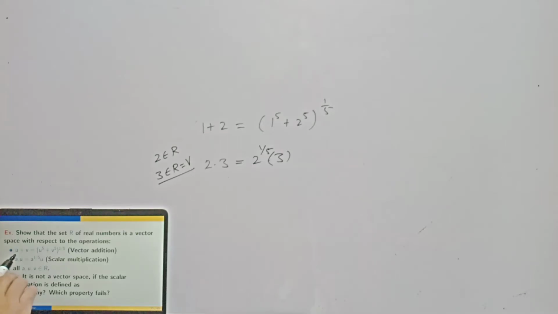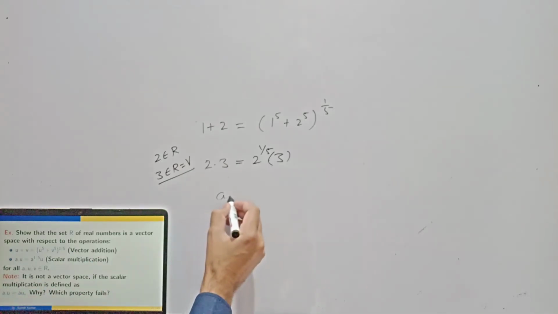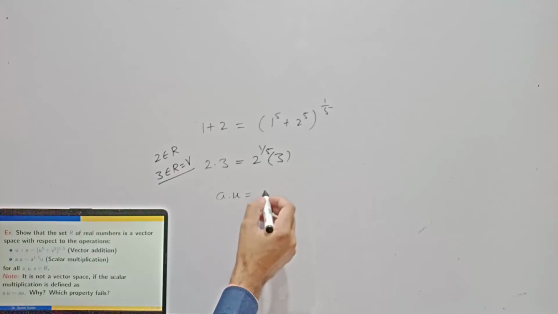The first condition given here means the definition of vector addition I keep as it is. Second, I change a dot u. I am saying a into u only. Now this is not a vector space. Can you think which property fails?